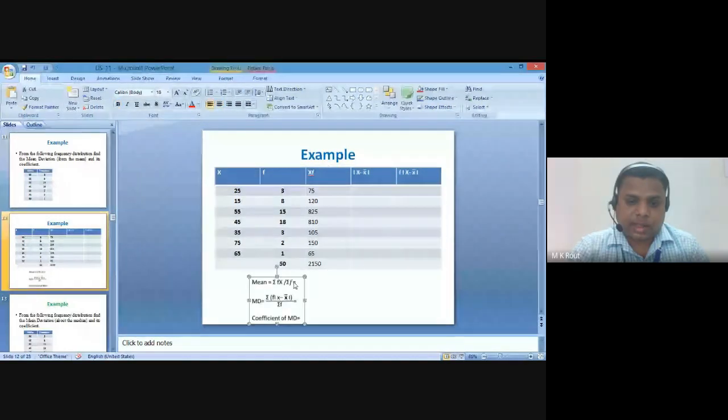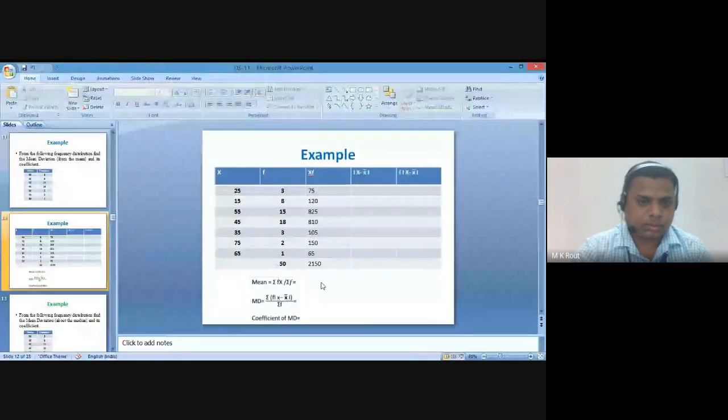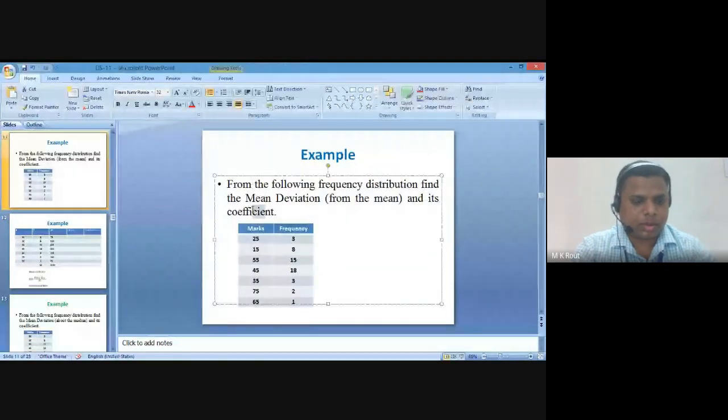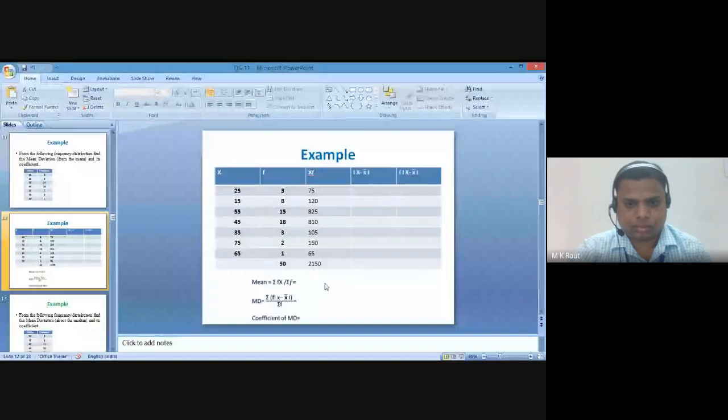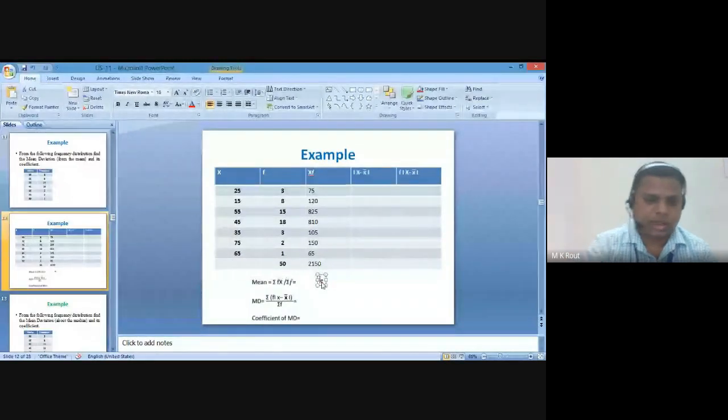I just write here. The mean is 43. Is it clear?